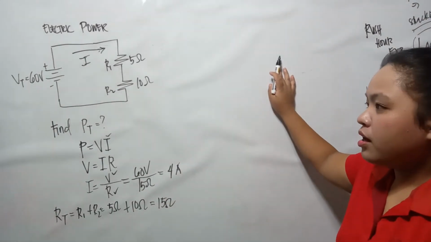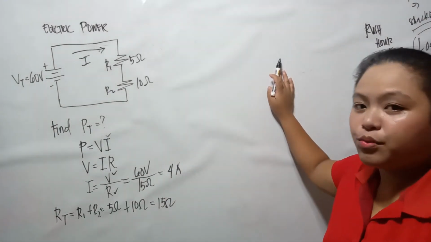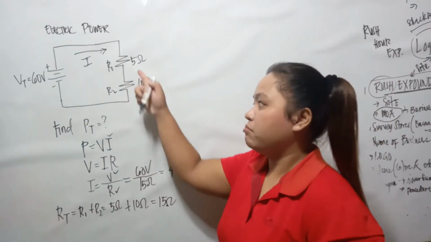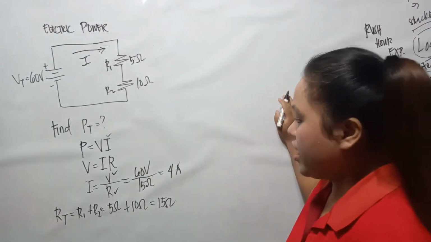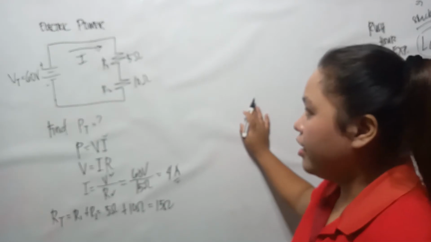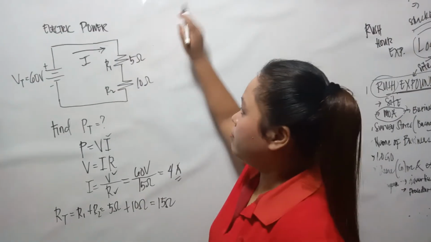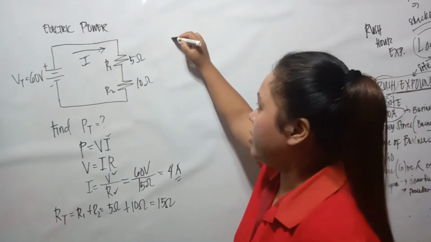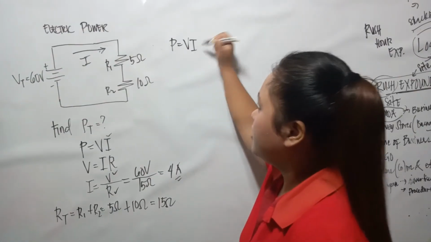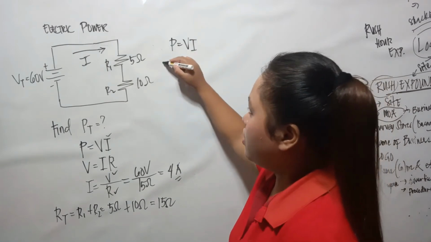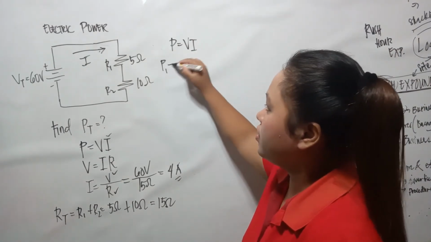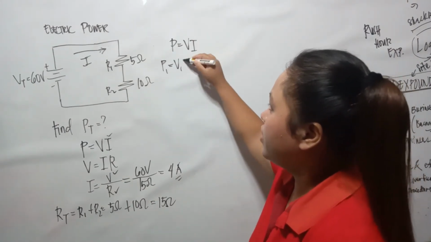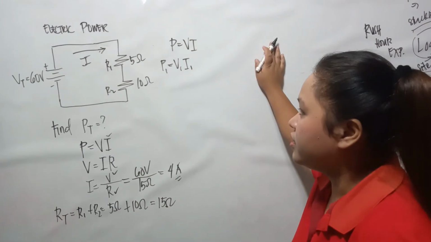And now we need to find the power dissipated by each resistance. We have the current, and we only need the voltage drop for each resistance. Power is equal to VI. For the power dissipated at R1, power 1 is equal to V1 I1.